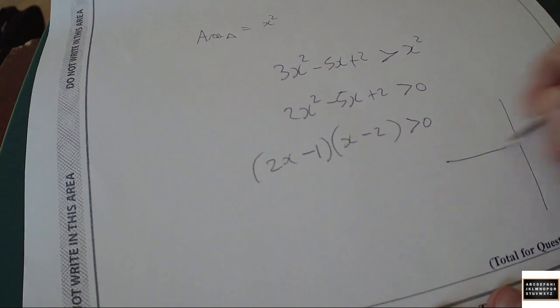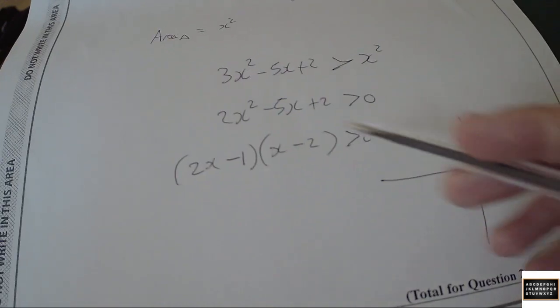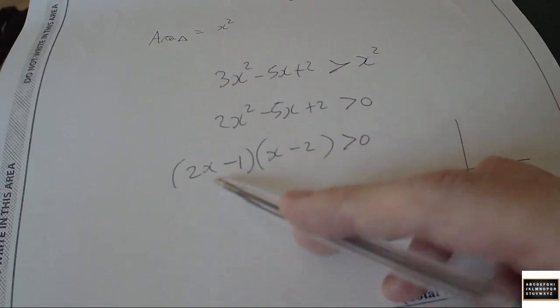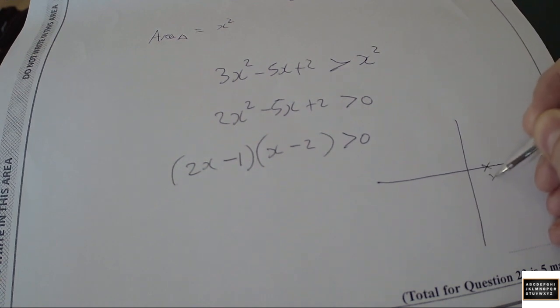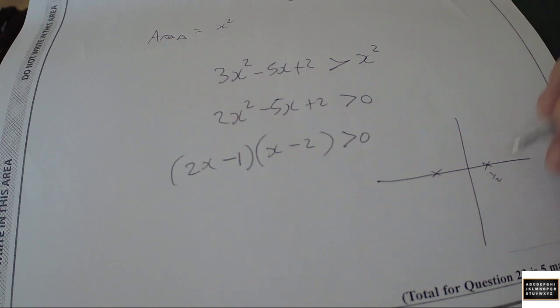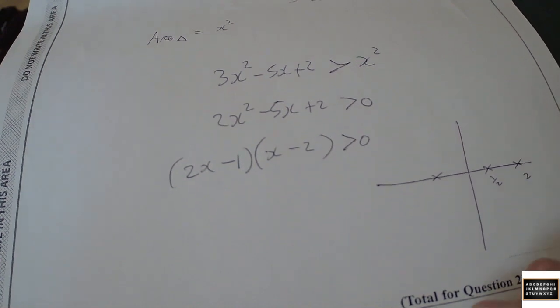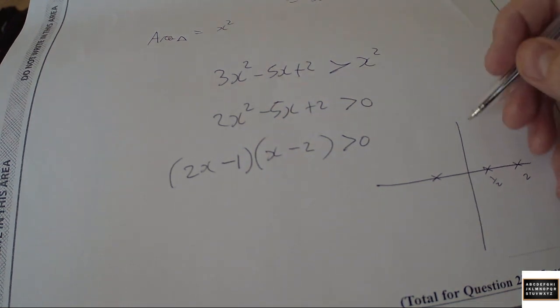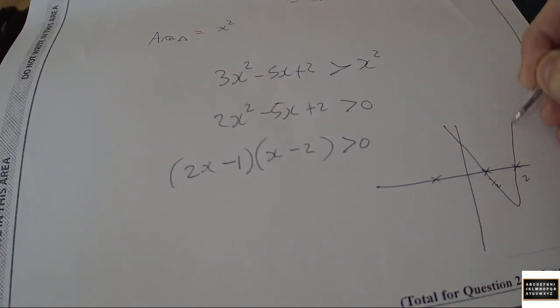So again, plotting this on the graph is quite useful. Again, we're constructing the roots here. x is a half, so half here, and x is 2, so that's over here. And again, you want those values where the graph is more than 0. If you plot those values, it's going to look a little bit like this.